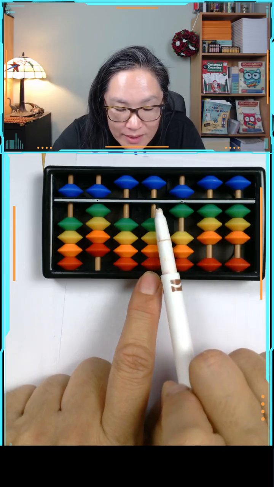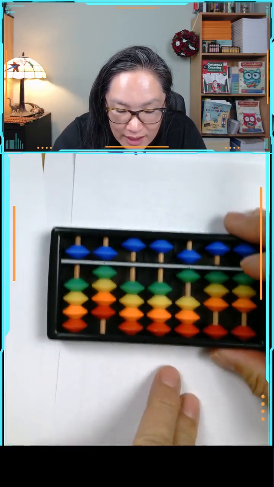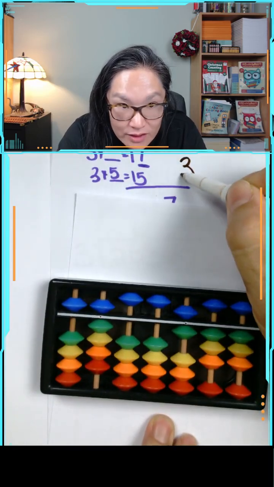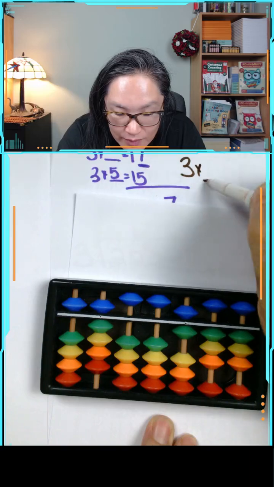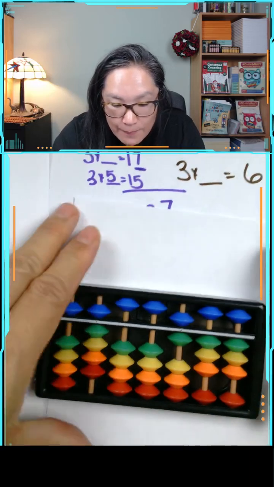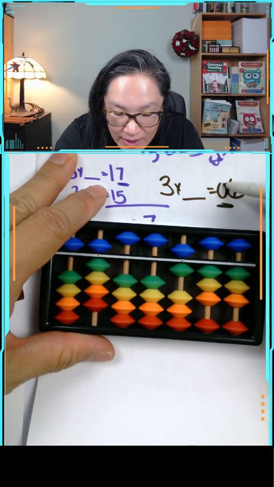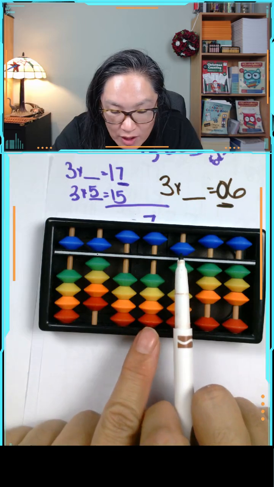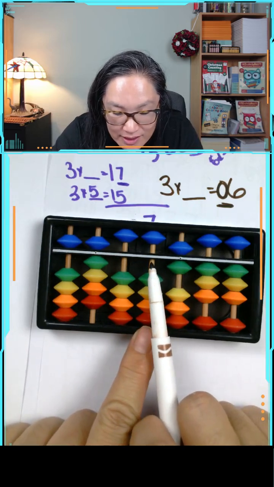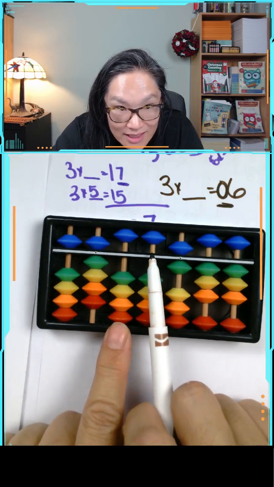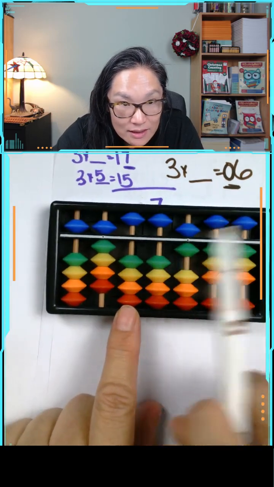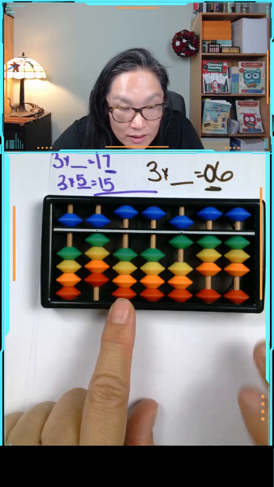But the problem is when it's 3 times what is equal to 6. Because you can do it and it's a single digit, you got to make it a 0. So that means this pushes it to here. This is a 0, this is a 6. That's why.